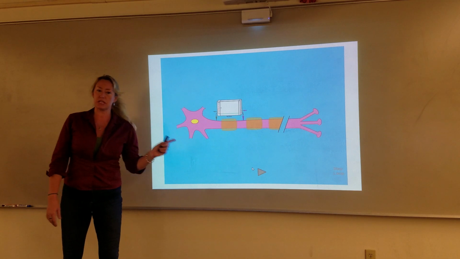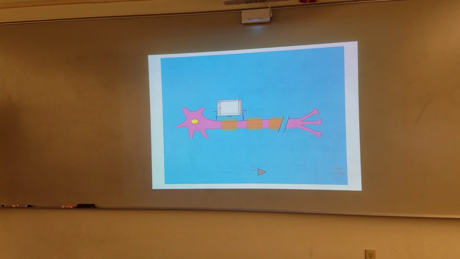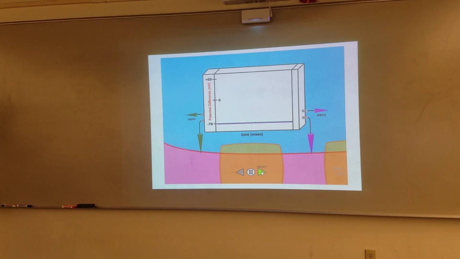This is showing action potential in a big cartoony fat neuron. If I step through, step by step, you can play this on your own computers with the PowerPoint presentation mode on, and you can do all this. It blows it up. We've got electrodes. Okay, so we're monitoring charge.